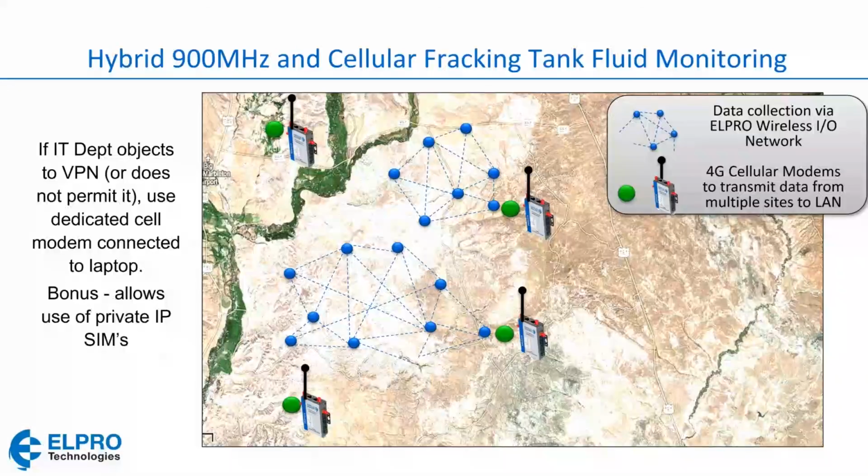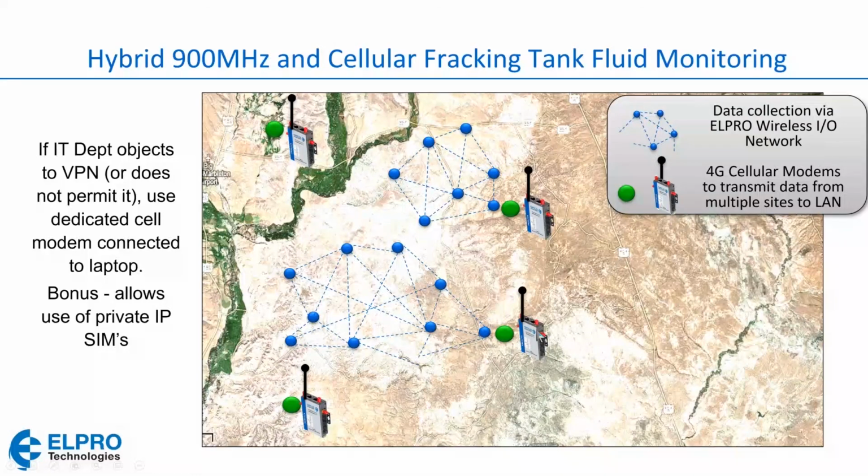So this is one where this company supplies fracking fluids to oil companies. Previously, they just had trucks that would drive from site to site and fill up the fracking tanks with fluids. And they had no idea whether these tanks were empty or full, whether they needed a lot of fracking fluids or very little, etc. So they stuck a level sensor on these tanks, and they used our 915U2 meshing radio to transmit the data and use each site as a repeater to get it to a location where they had cellular coverage.